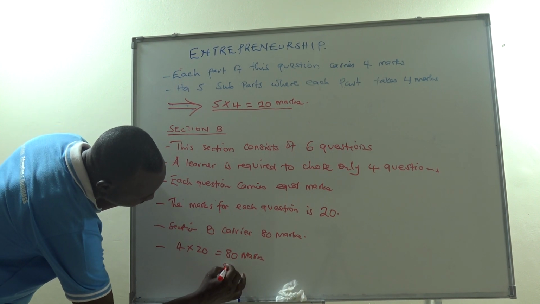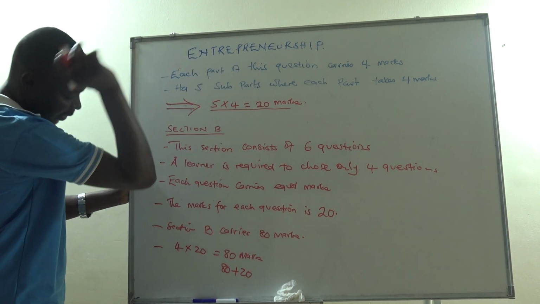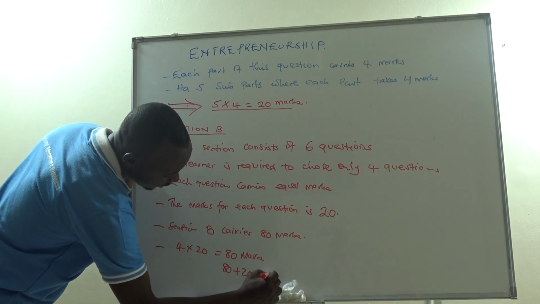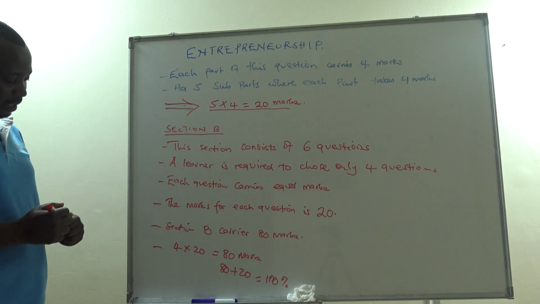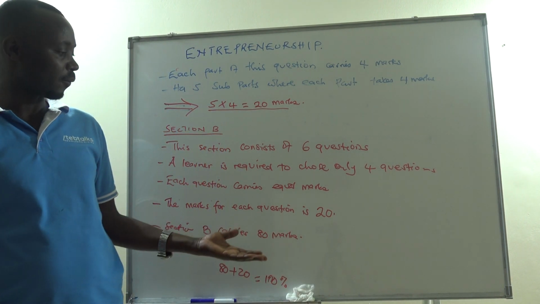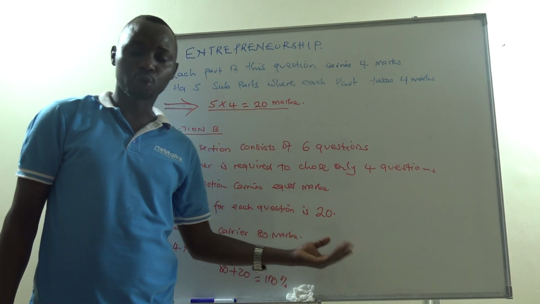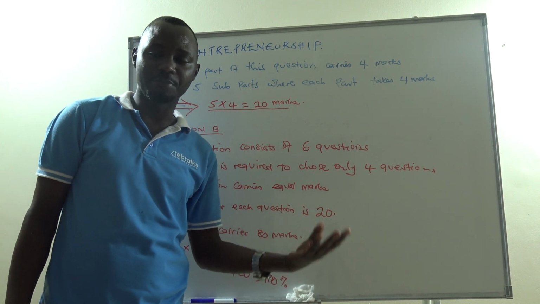Then 80 marks plus the 20 marks for section A shall give us 100% mark. Meaning this paper 1 is examined out of 100: 20 marks for section A and 80 marks for section B.